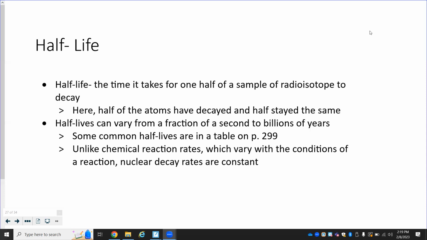If you start off with hot water, it tends to boil faster than cold water. That is kind of a reaction rate factor, whereas half-life is the same no matter the temperature or the amount that you have. It's something that is constant from one sample to another of that same isotope.